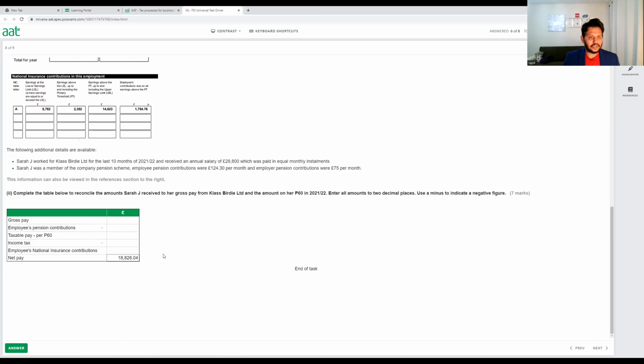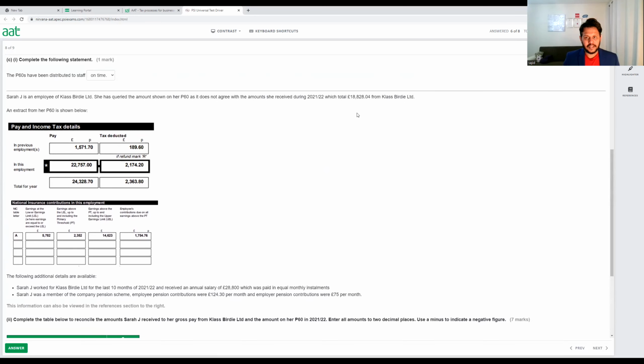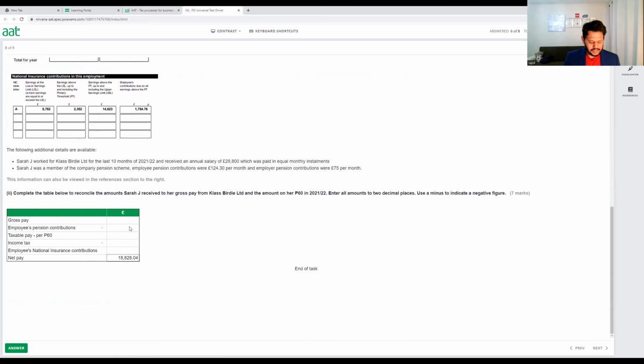Okay, now the net pay she is receiving, how much is it? 18,828.04. So this one we have here in the box. So this is our net pay. We need to find what the gross pay is.